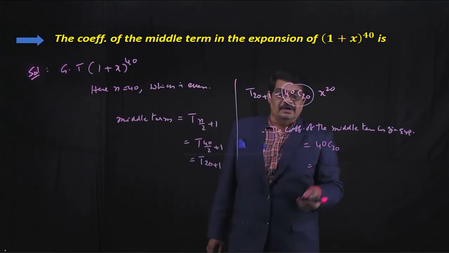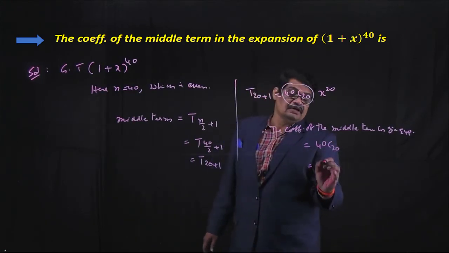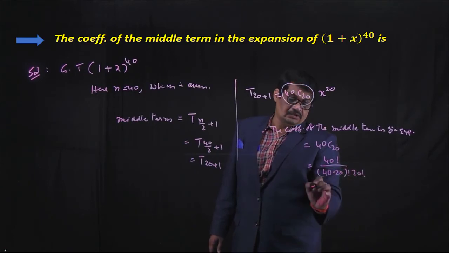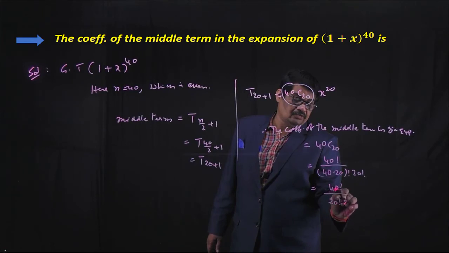So this can be written using the nCr formula as 40 factorial by (40-20) factorial into 20 factorial, that is 40 factorial by 20 factorial into 20 factorial.